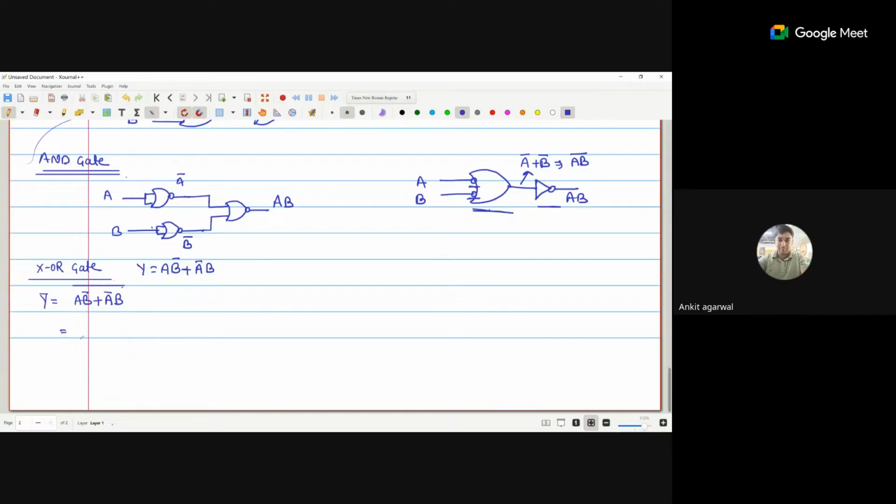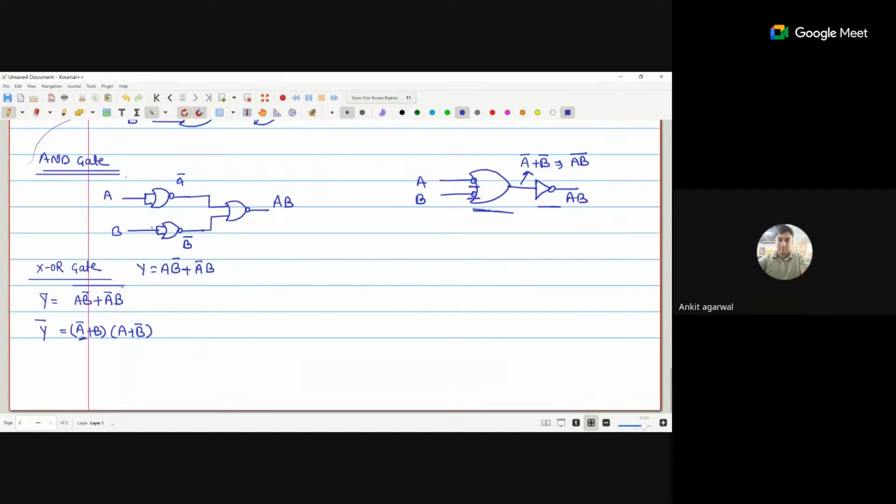So that becomes (A bar plus B)(A plus B bar). Okay, so we are going to implement this.